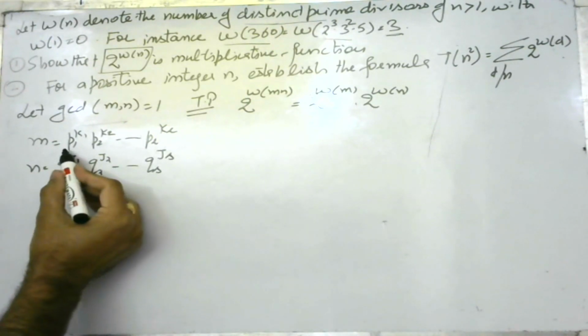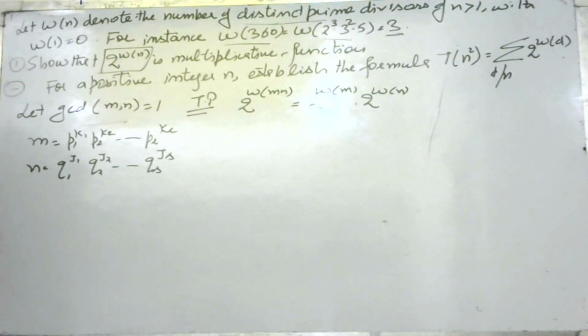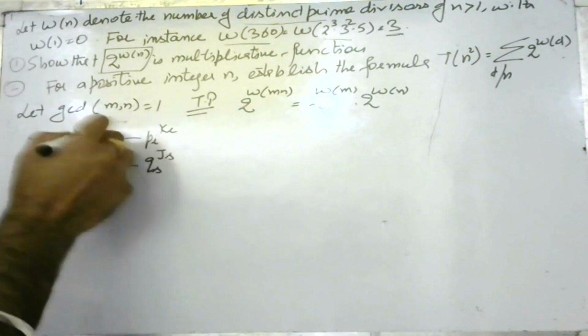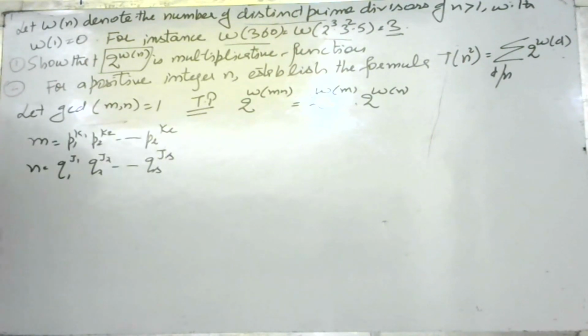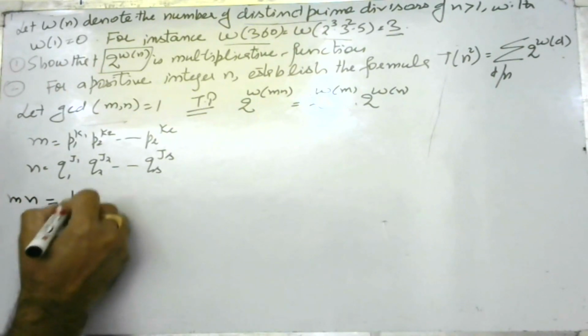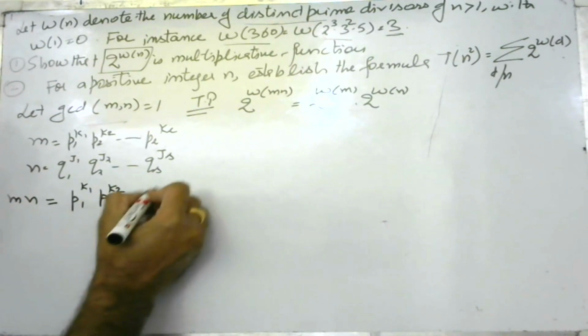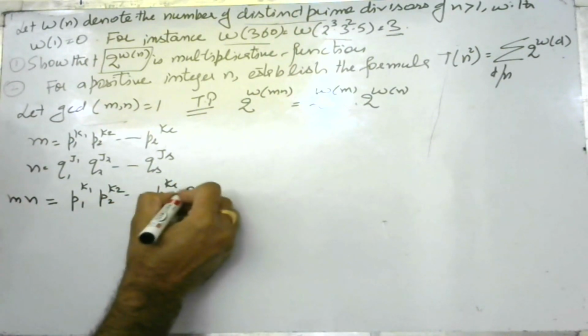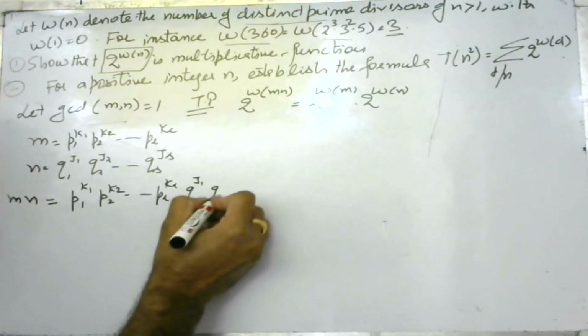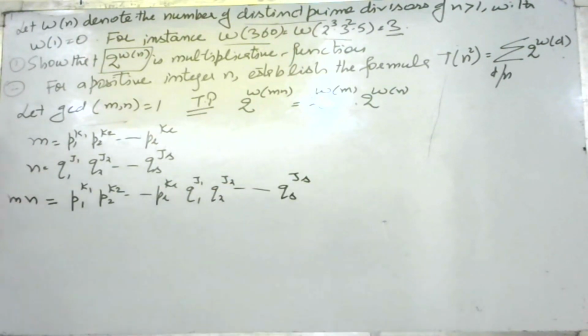Let these be r distinct primes and these be s distinct primes, and none of them equal to each other. Then their product may be written very easily as mn equal to p1 power k1, p2 power k2, pr power kr, q1 power j1, q2 power j2, qs power js.